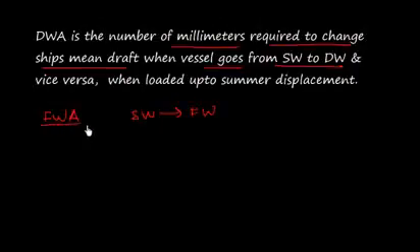So in case of freshwater allowance, vessel goes from salt water to fresh water. The change in the draft is called freshwater allowance. However, in case of dock water allowance, when the vessel goes from salt water to dock water and vice versa, the change in the mean draft is called dock water allowance.